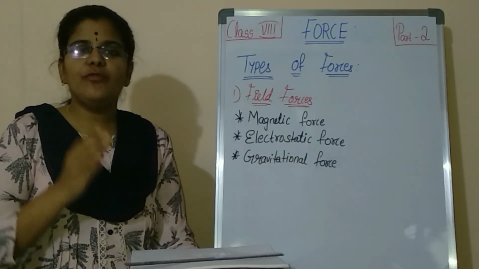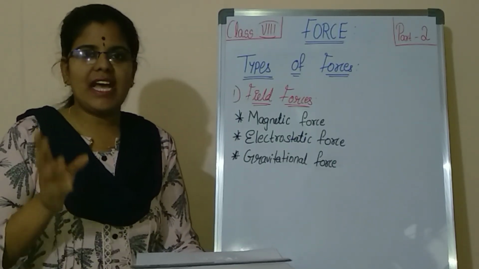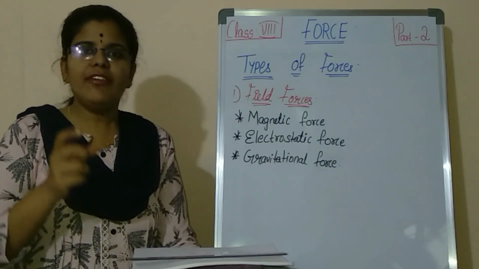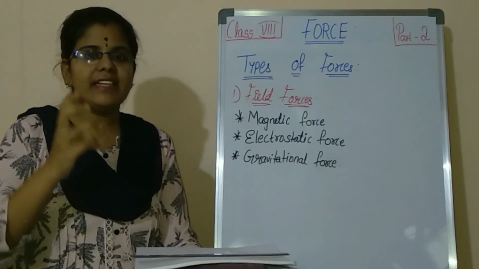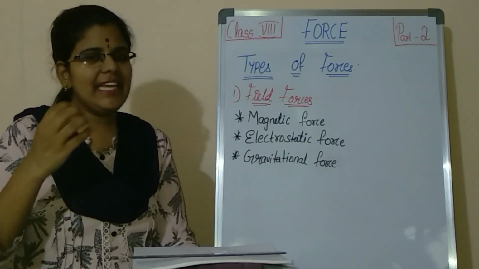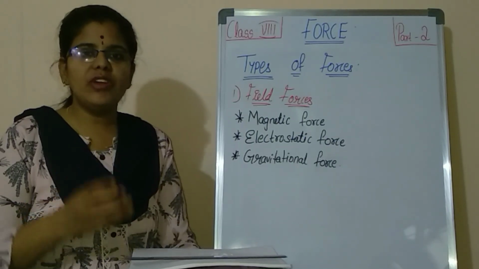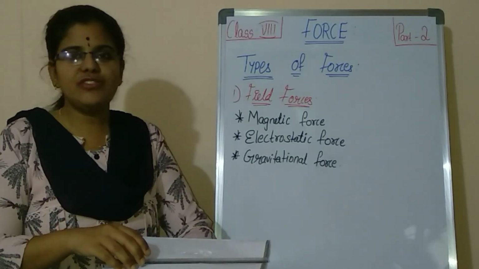Electrostatic force is nothing but when any two objects are at a distance, and if any one of the objects gets electrified, then it tries to attract the other object for gaining electrons. Such a type of force we call electrostatic force. Let us do one activity.